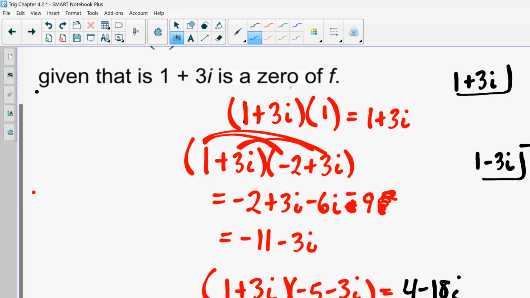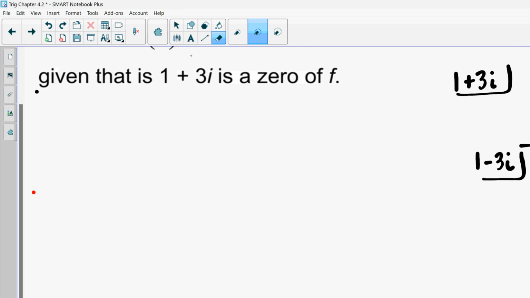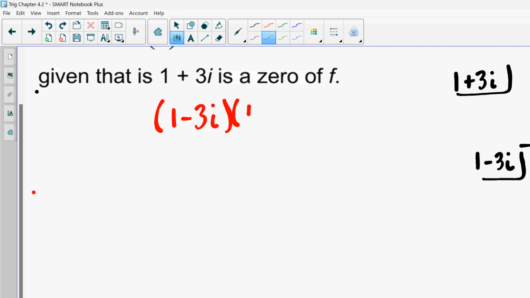Since 1 plus 3i was a solution, 1 minus 3i is also a solution. I'm going to erase all this here so I have extra space to work. And we're going to do this process again. But this time we're going to do 1 minus 3i times 1, which is 1 minus 3i.